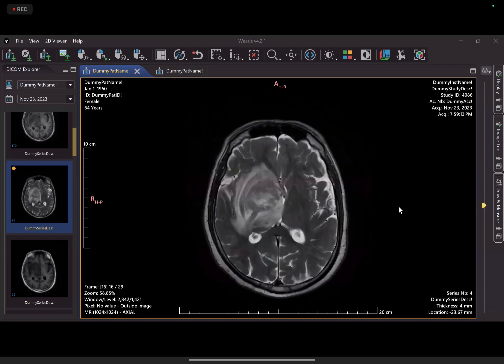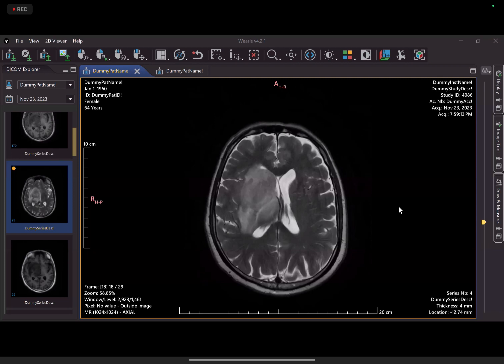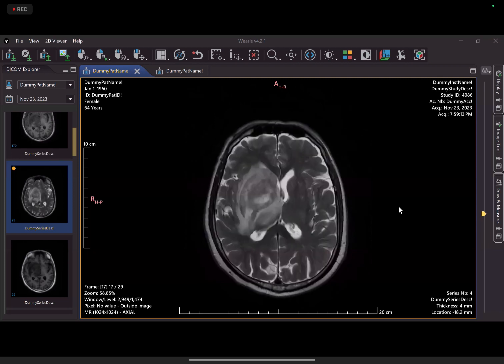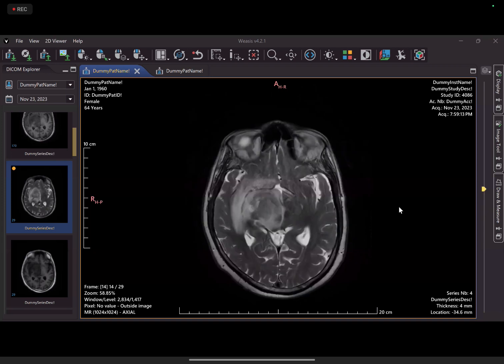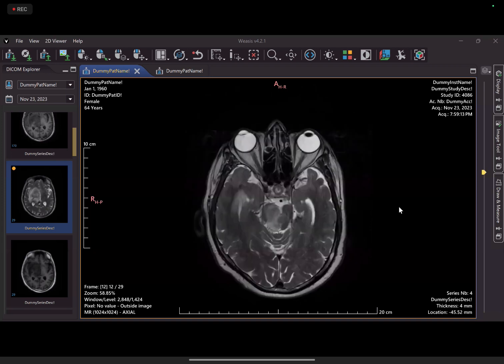In the lower sections, it was also seen extending along the cerebral peduncles. Then it is also seen extending in the upper part of pons.